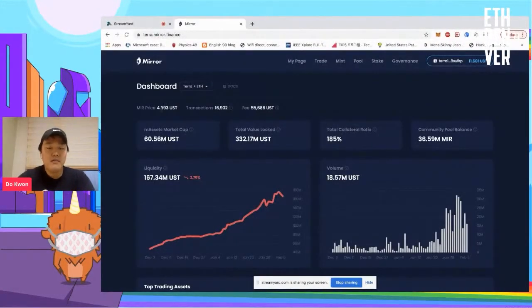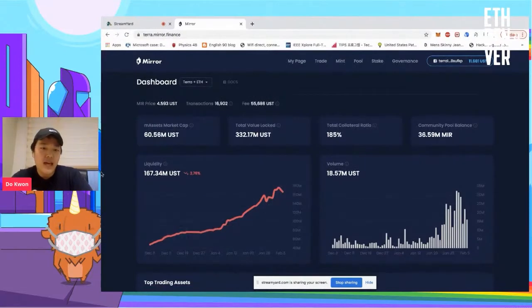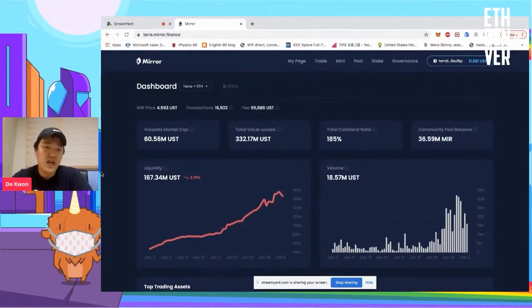Okay, so at Terra, we run a set of algorithmic stablecoins that are pegged to real-world currencies like the US dollar, the Singapore dollar, the Korean won, and so on and so forth. We recently launched a synthetics protocol called Mirror that wraps around 14 different tokens that track the price of US equities.